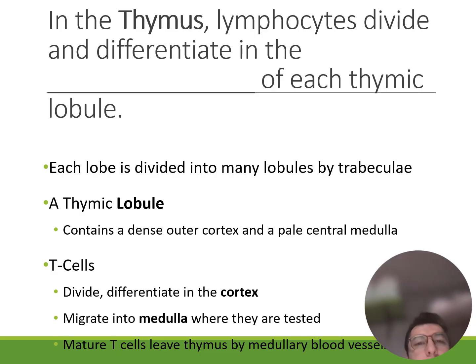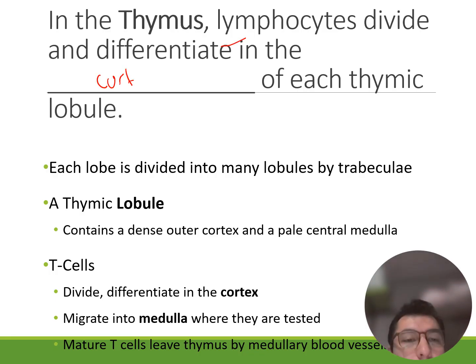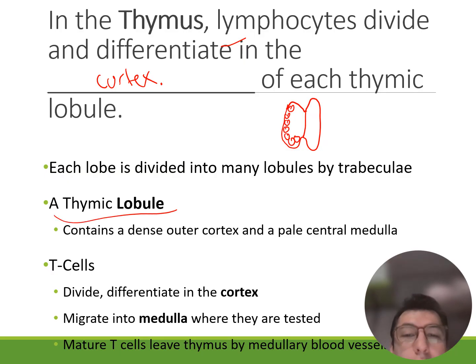Okay, in the thymus, lymphocytes divide and differentiate in the cortex of each thymic lobule. Remember that your thymus is a bilobed organ, all right? And the lobes are divided into thymic lobules.